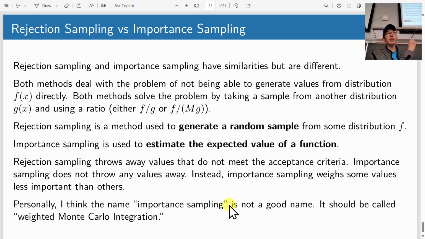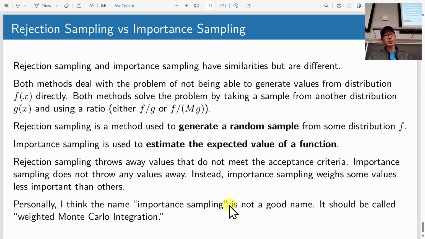So if you need values that come from a given distribution, you would use rejection sampling. If you don't need the actual values, but you just want to estimate some kind of integral or the expected value of a function, which is basically what we did Monte Carlo integration for, then you can use importance sampling.